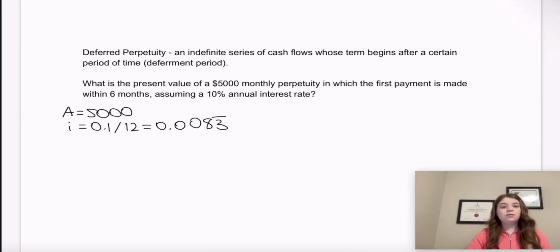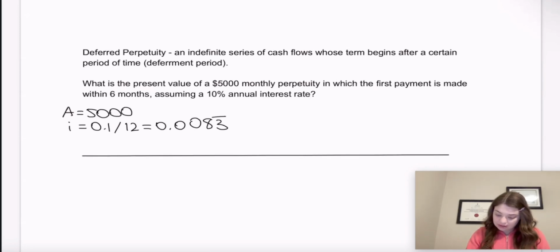And then we have to illustrate this situation. Basically, we want to know how much we would have to set aside today into this perpetuity in order to get paid in 6 months. In other words, the deferment period is 6 months. So I'm going to draw a timeline here.